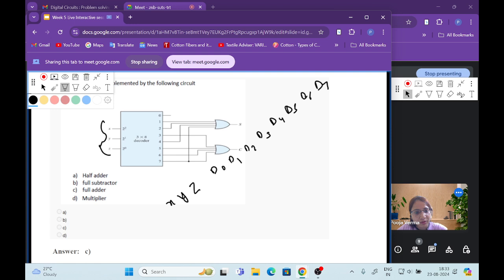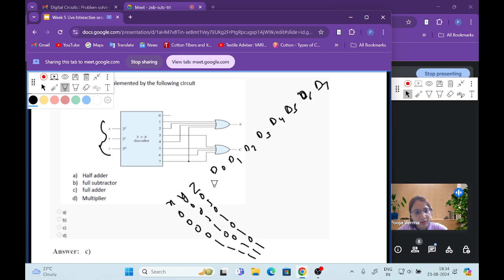Okay, so what will be the different combinations? That is 0 0 0, 0 0 1, 0 1 0, 0 1 1, 1 0 0, 1 0 1, next one 1 1 0, and last one triple 1, right?